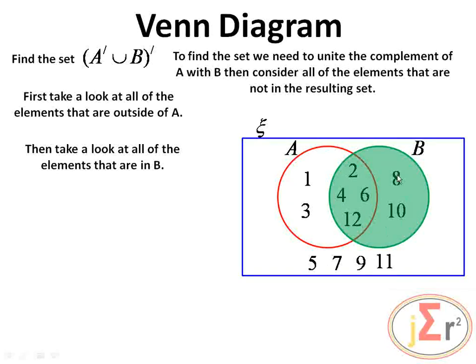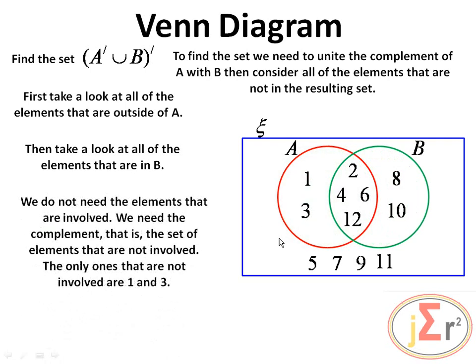The only elements that we are not talking about will be what? 1 and 3. So the union of B with A' is all of these elements that we have right here. Therefore, those that are not involved, which would be the complement of the resulting set, will be the elements 1 and 3.